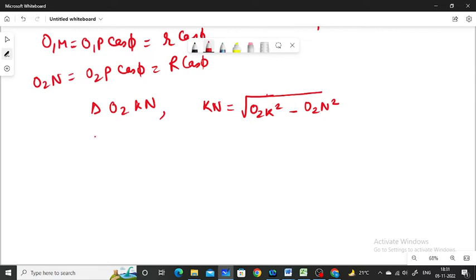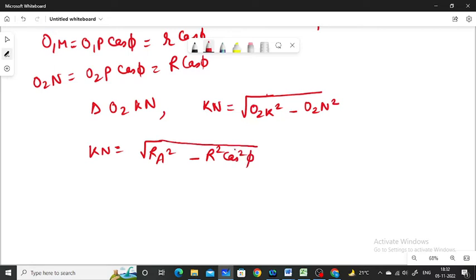So KN equals under root of RA square minus R square cos square phi.